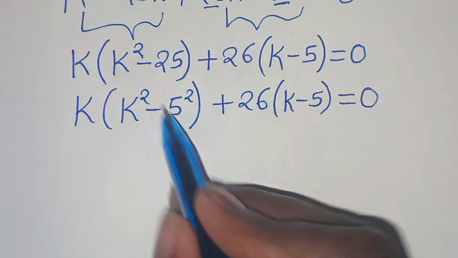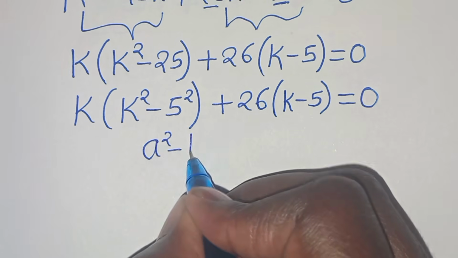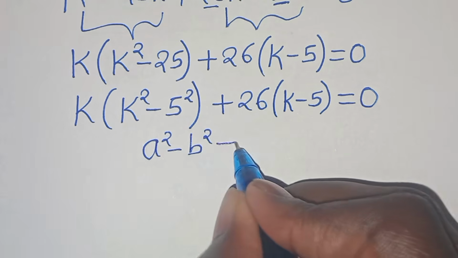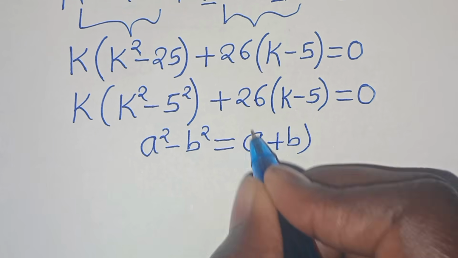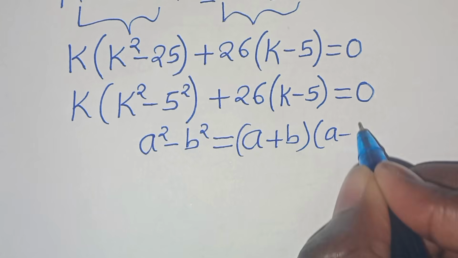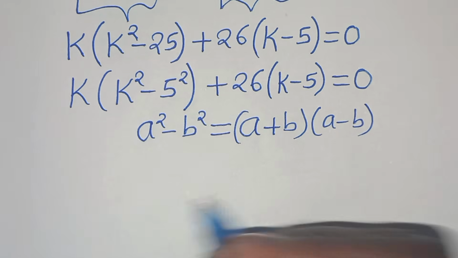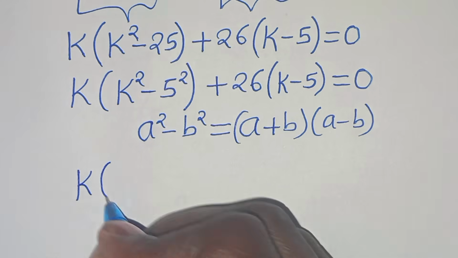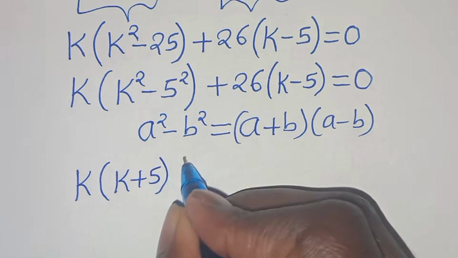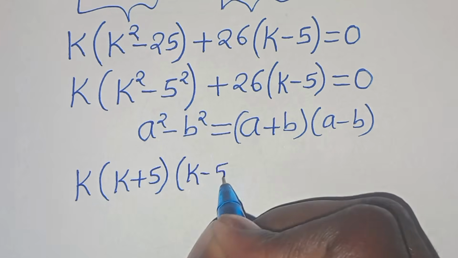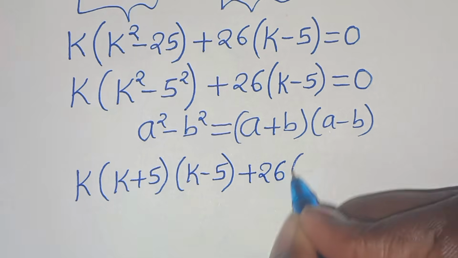Now, k squared minus 5 to the power of 2 is in the form of a squared minus b squared. This is the difference of two perfect squares that we can express as a plus b multiplied by a minus b. Applying this property, then we have k into the parenthesis. This is k plus 5 multiplied by k minus 5, then plus 26 into the parenthesis.